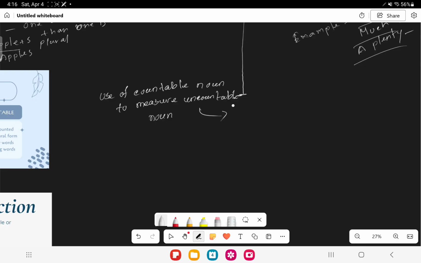Then there is another rule. We use countable nouns to measure uncountable nouns. So what is it really? Suppose you want to count an uncountable noun.